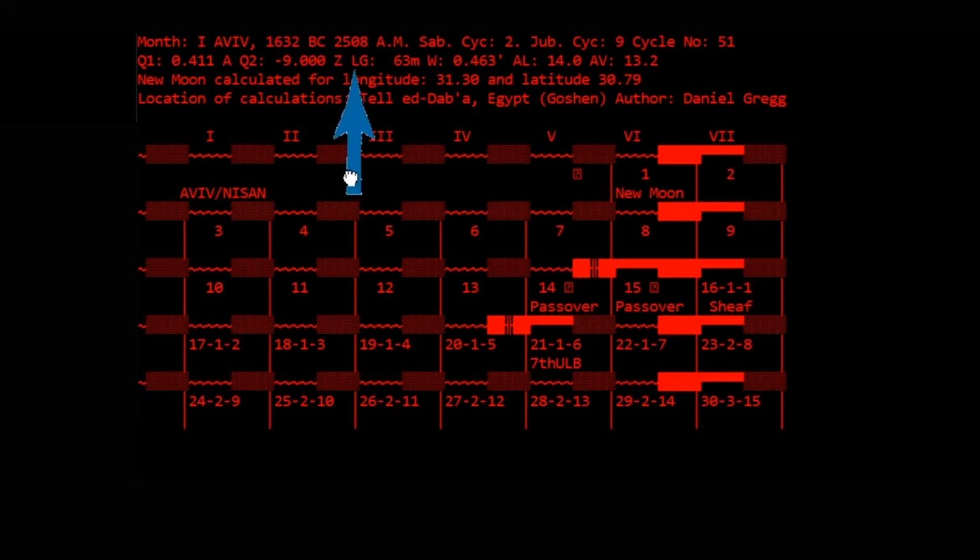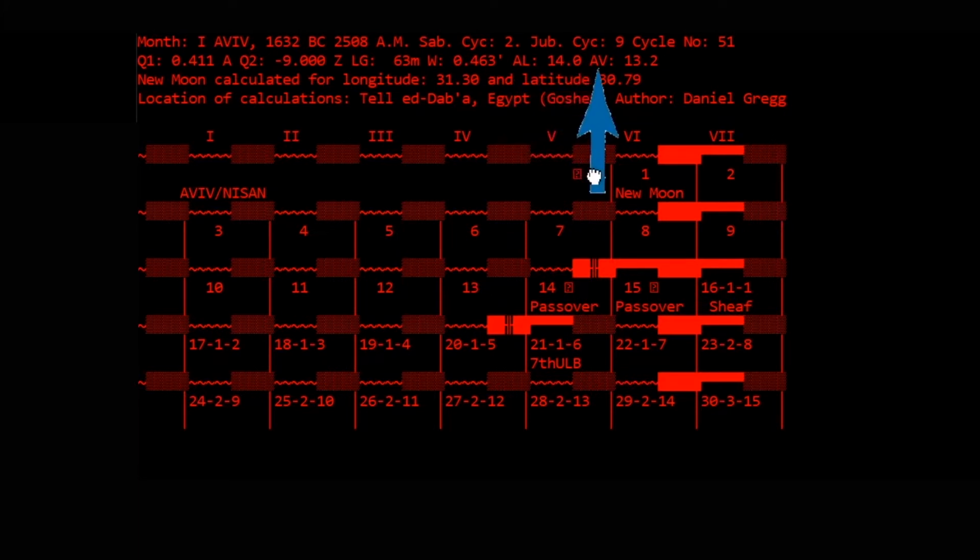LG stands for the lag time between sunset and moonset, 63 minutes. W is the crescent width in arc minutes, 0.463 arc minutes, which would give you about 30 arc seconds. Arc of light is the distance between the center of the sun and the center of the moon, 14 degrees.